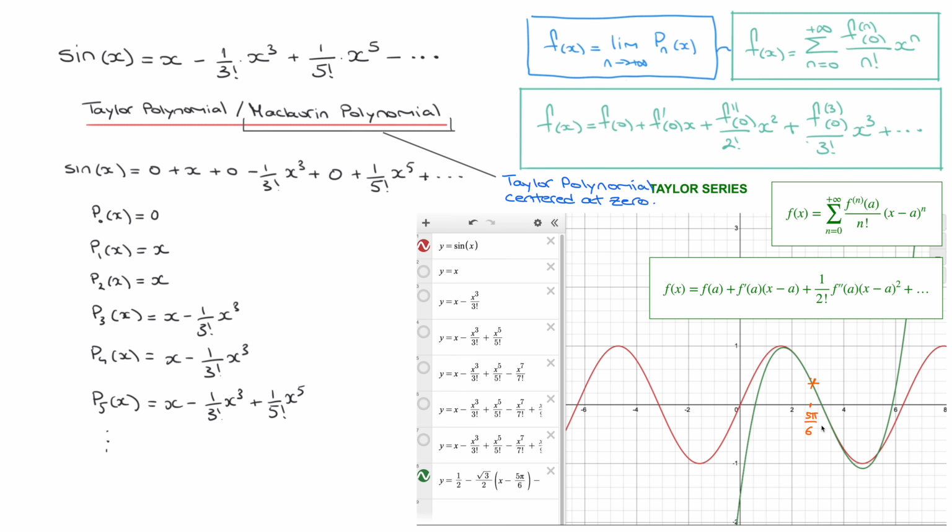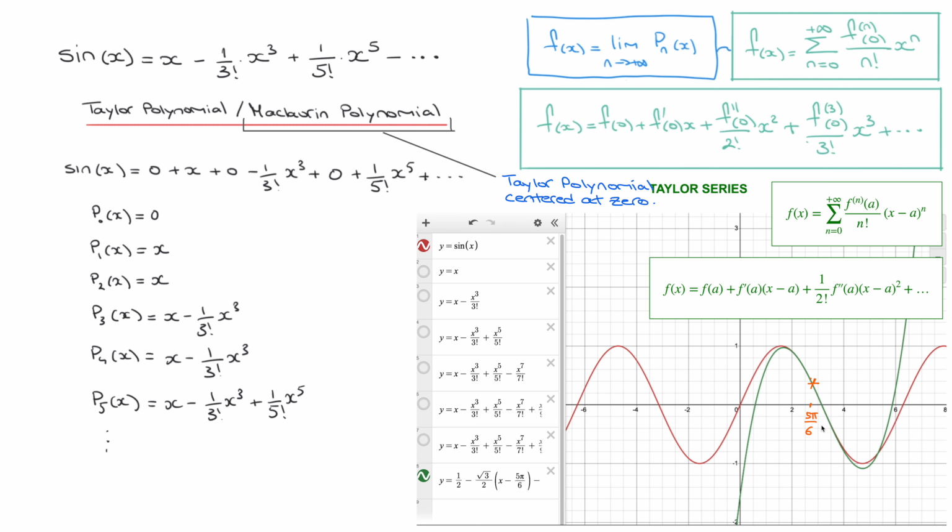Hopefully you now have a good visual understanding of how a Maclaurin series converges towards a function as we add more and more terms in the series. And hopefully you're now comfortable with the fact that Maclaurin and Taylor polynomials are partial sums of the terms we have inside the Maclaurin or Taylor series.